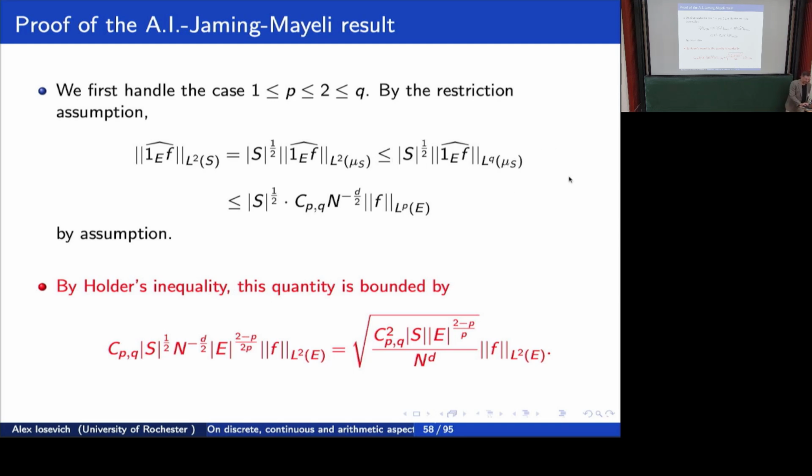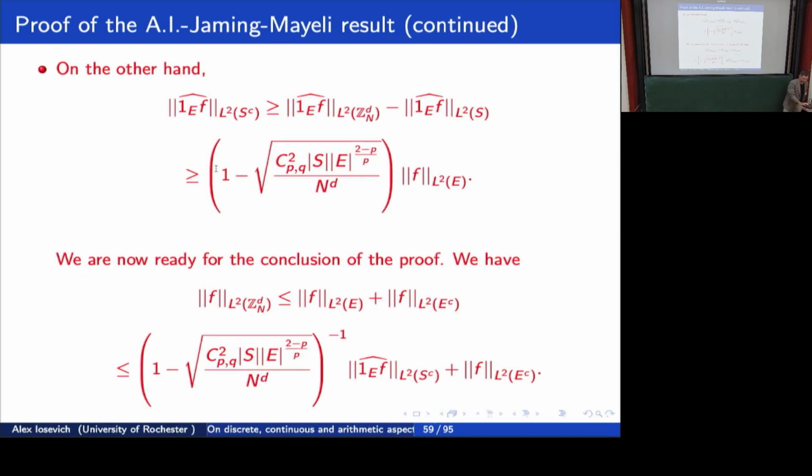Okay, so by Holder's inequality, we bound this by the square root of C_PQ squared, size of S, size of E to the 2 minus p over n to the d, times the L2 norm of F. So what we did here is we localized F to E by brute force, and we estimated the L2 norm on S. But ultimately, we want the L2 norm on the whole space, which tells us that we need to know something about the L2 norm on S complement.